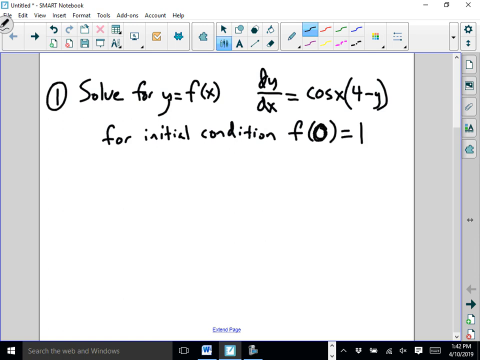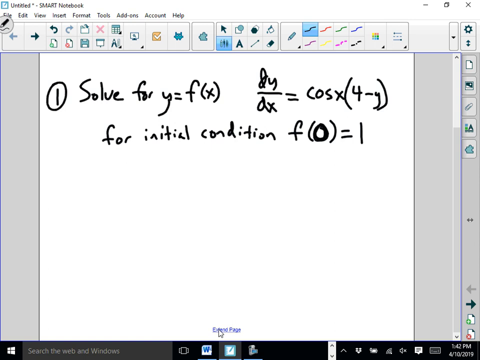Okay, so go ahead and pause the video there. Remember your separate, integrate, plus c, solve for c, solve for y. Okay, go ahead and try this on your own, and pause it, and then I'll solve it here shortly.